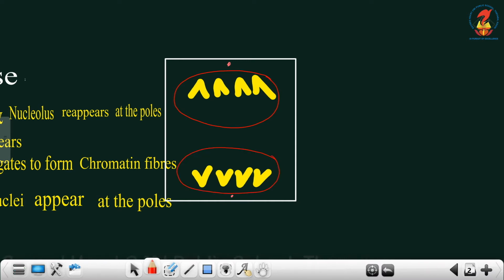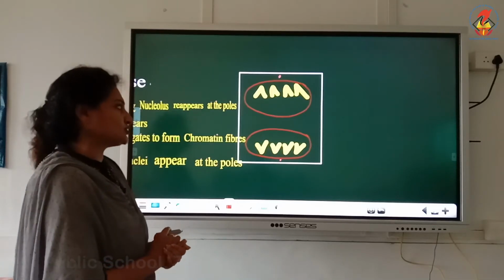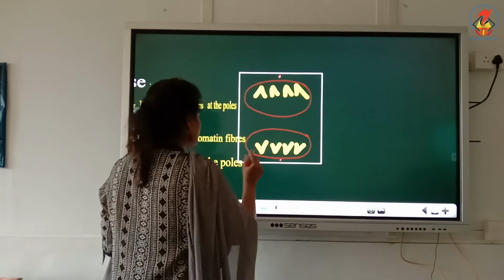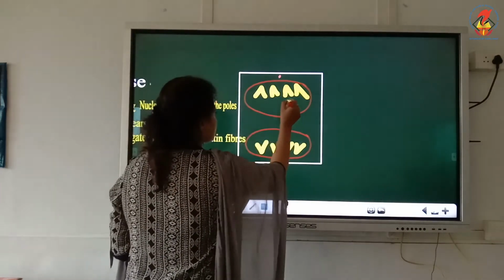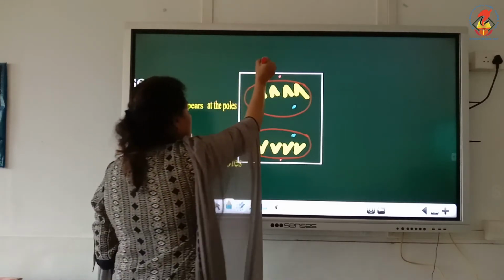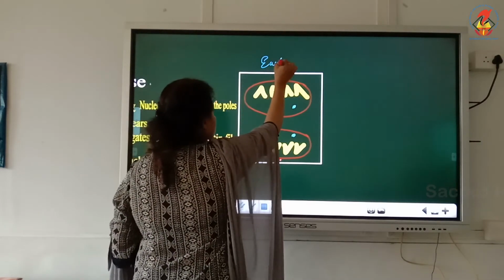Now these two sister chromatids are no more referred to as sister chromatids, they are called daughter chromosomes. So the nuclear membrane reappears, and even the nucleolus reappears. You can put the spot anywhere inside, such that you can see two nuclei in one cell. This is depicting only early telophase.